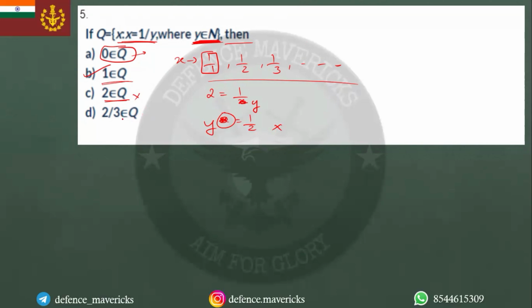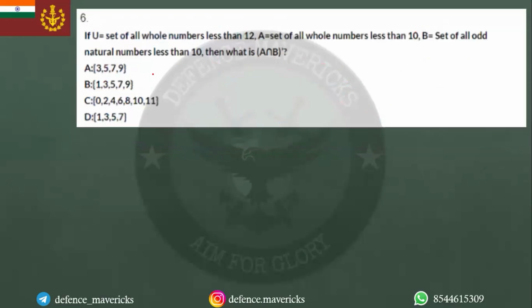And if 2 by 3 is, ये तो कभी possible नहीं है because x is 2 by 3, so 1 by y is 2 by 3, y is 3 by 2. Again, not possible because y has to be natural. So only 1 is possible because if x is equal to 1 by y, which is equal to 1, y can be 1. Na? If y equal to 1 is allowed, so 1 is the only possible answer.